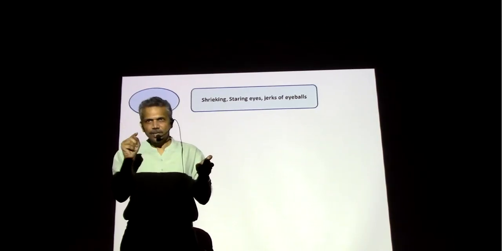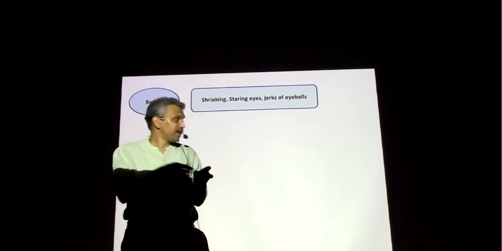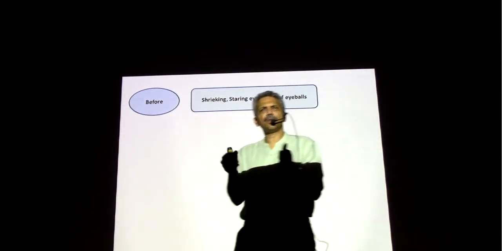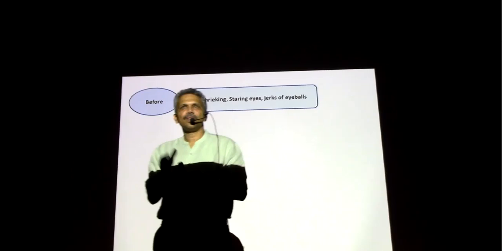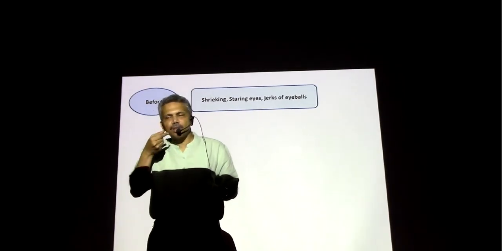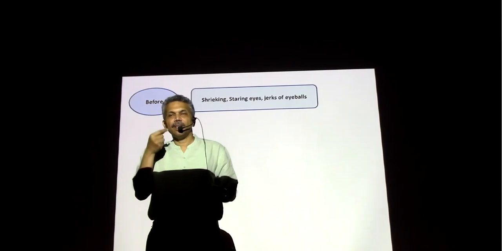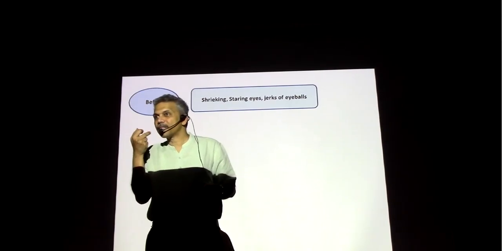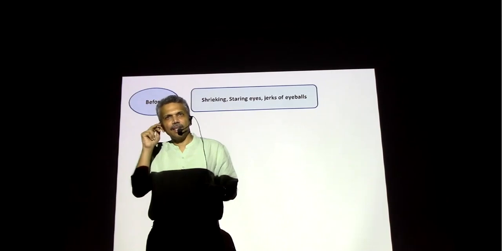Distortion of face, then very important. And then we are also trying to understand, I was talking to you about violent convulsions, so tongue bite is a possibility. There can be froth coming from the mouth, and this froth is bloody. There is tongue bite, there is bleeding, and the froth is bloody.